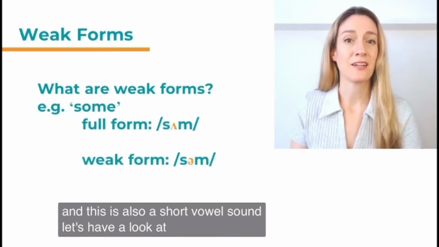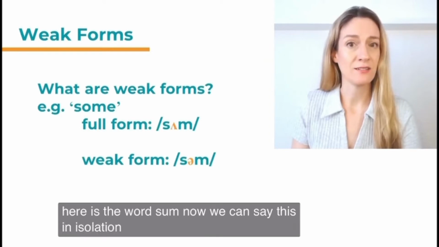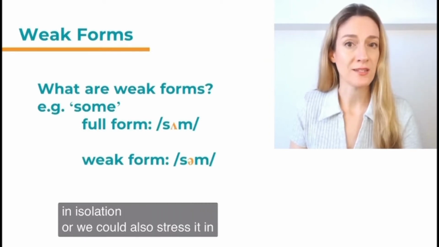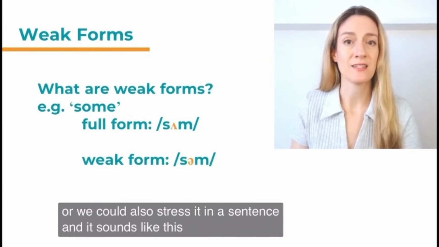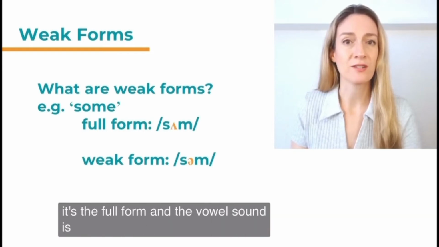Let's have a look at an example. Here is the word some. Now we can say this in isolation, or we could also stress it in a sentence. Some. It's the full form and the vowel sound is uh. Some.